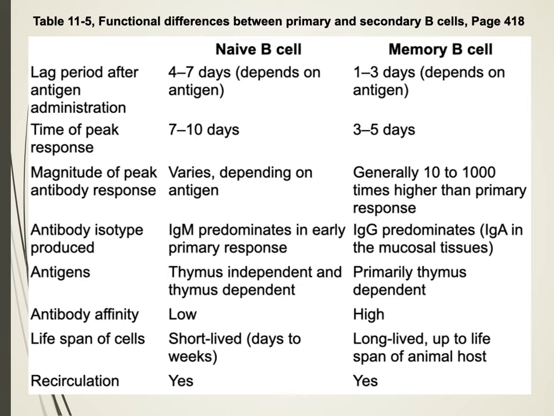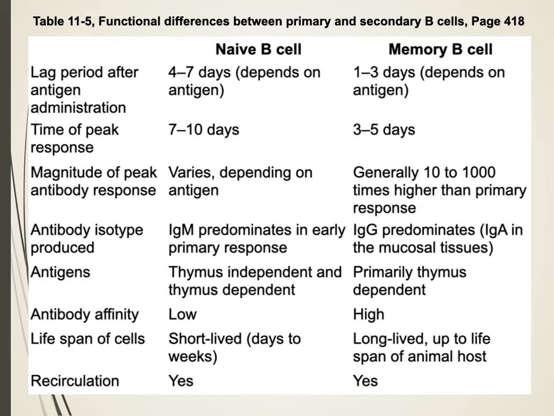That obviously is not beneficial. That gives the microbe an added benefit. So by having that memory population, you're able to start to deal with that secondary exposure sooner, before ideally the microbe gains a foothold.